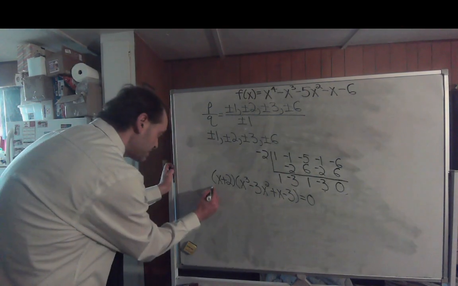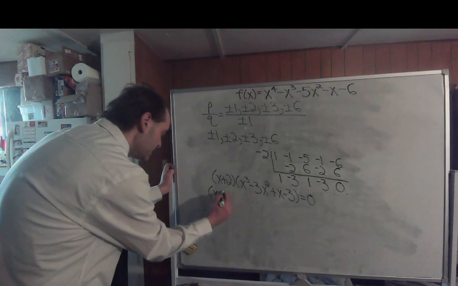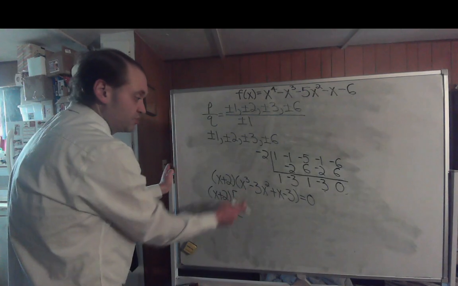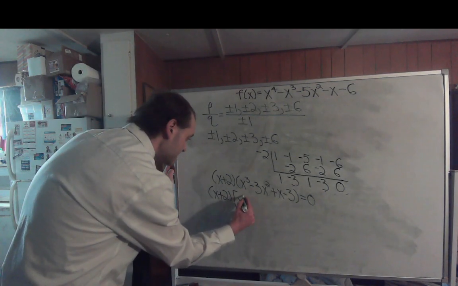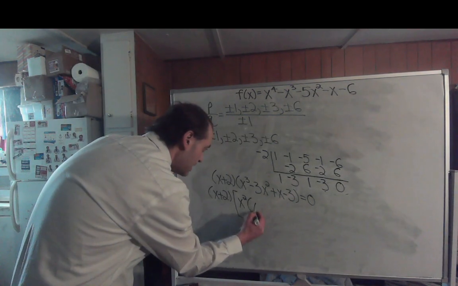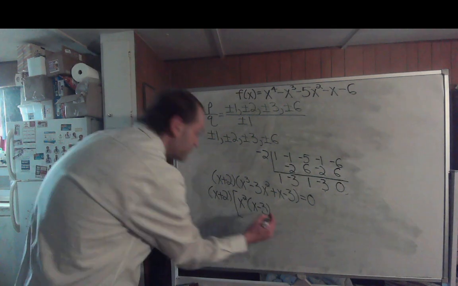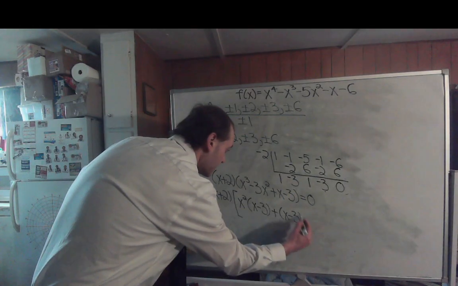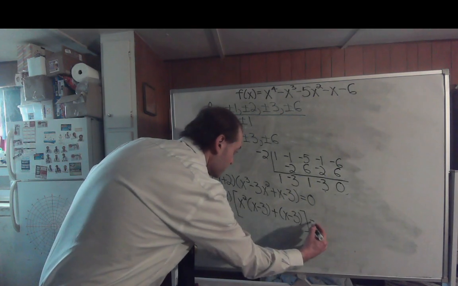So keep your x plus 2 outside of the brackets. Your first two terms, you can factor out a common x to the second. That'll give you x to the second times the quantity of x minus 3. Then plus you'll just have a quantity of x minus 3. All that equal to 0.